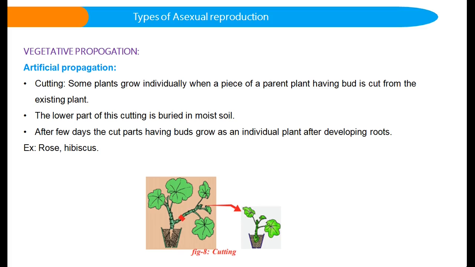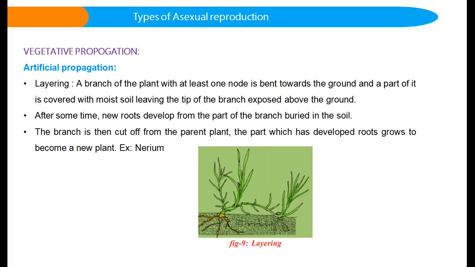The lower part of this cutting is buried in moist soil. After a few days, the part having buds grows as an individual plant after developing roots. Example, rose, hibiscus, bougainvillea, etc.